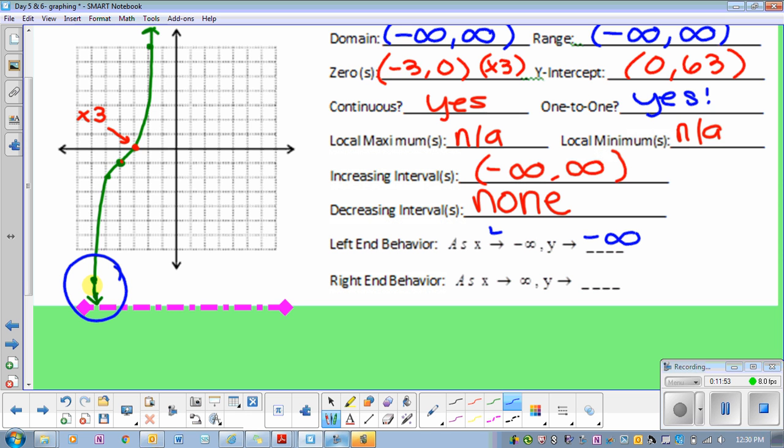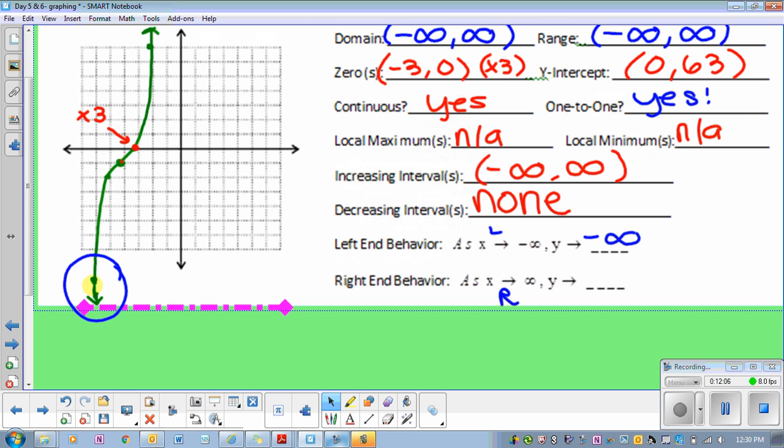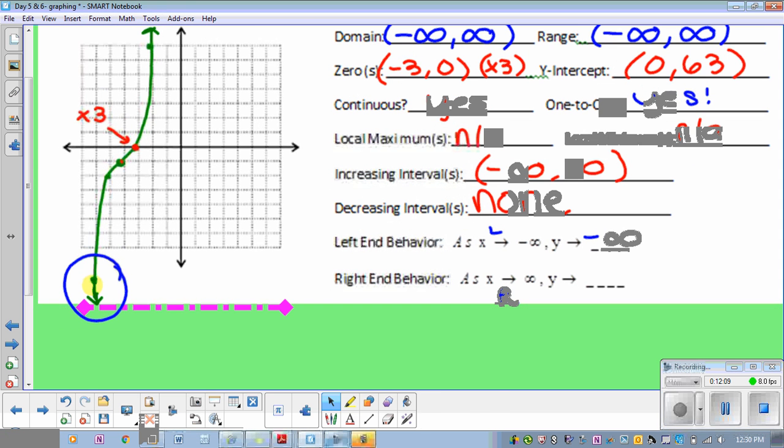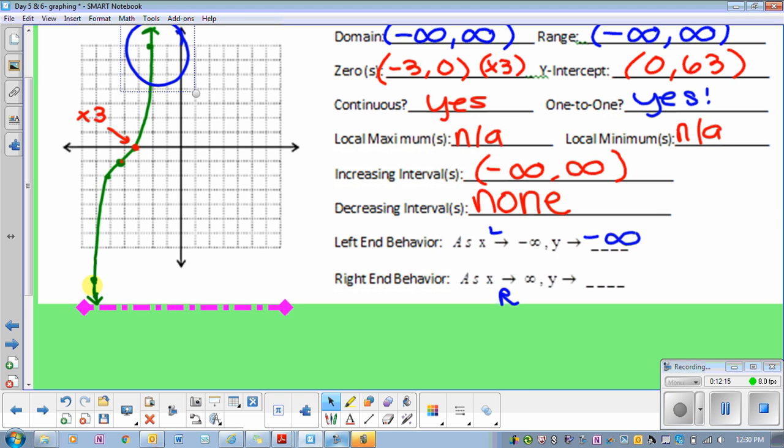Then the right end behavior, as x approaches infinity, what is the right end behavior doing? Right end behavior, where are we going? Up to infinity. Yep. Which they should. This is an x to the third power. They should be doing opposites.